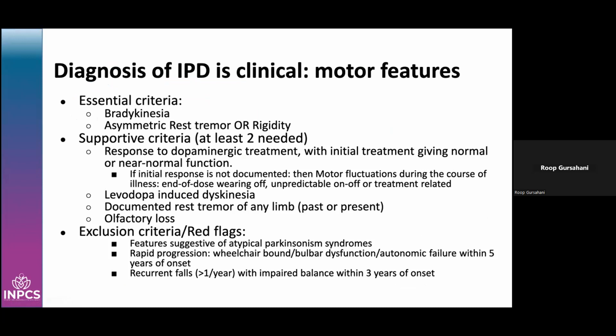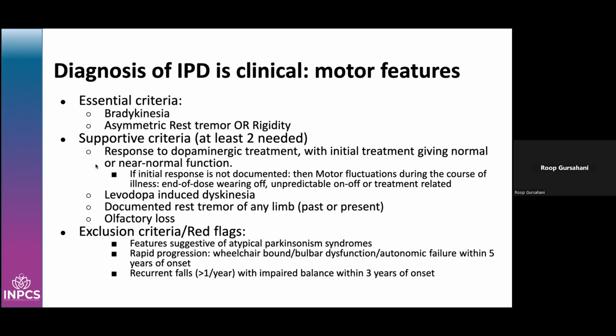Or there is rigidity, which is when you hold somebody's hand and rotate it, you can see that maybe the wrist at one side is not moving as smoothly as on the other side, and you can get, partly because of the tremor, a superimposed cogwheel kind of feeling.